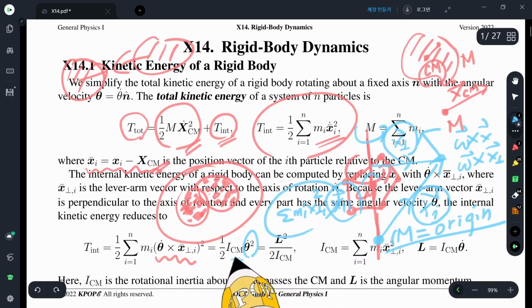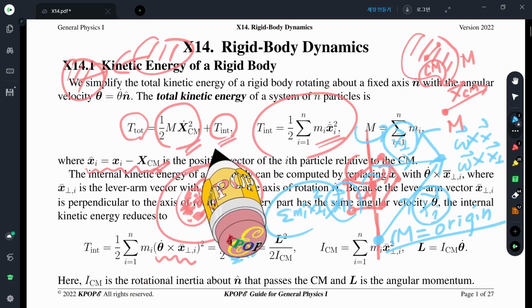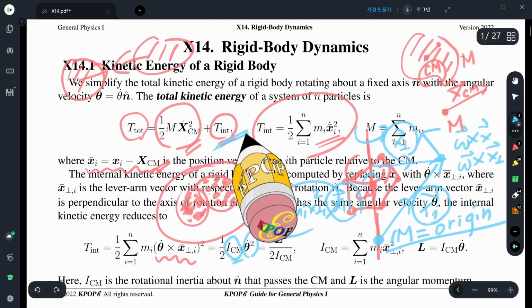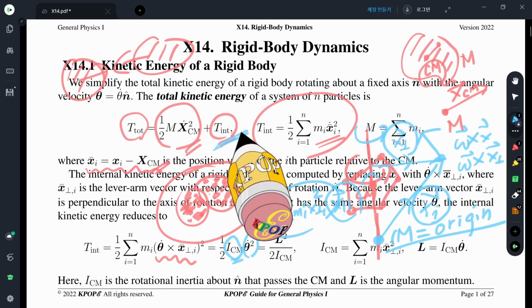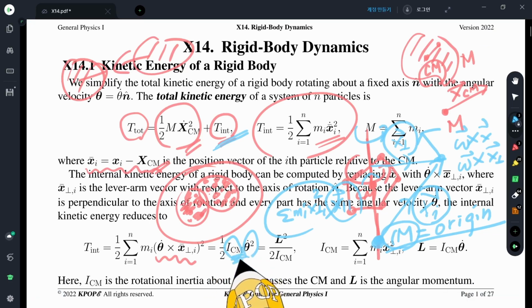This is called the moment of inertia or rotational inertia, because the internal kinetic energy is expressed relative to the origin, which is identical to the center of mass. So I put a subscript CM to denote that this rotational inertia is measured at the CM about a fixed axis.